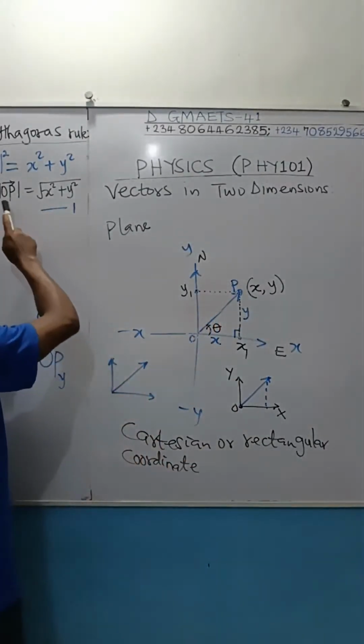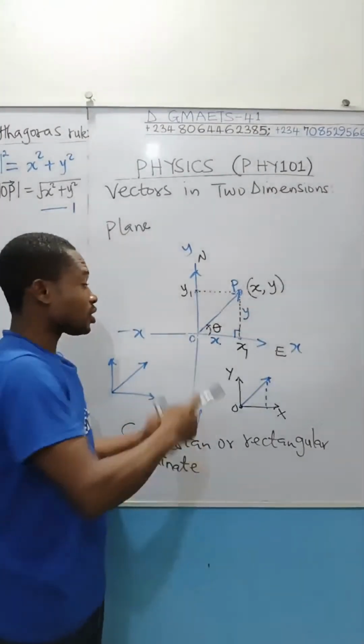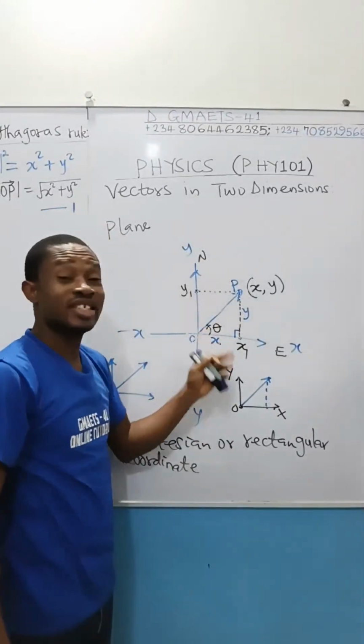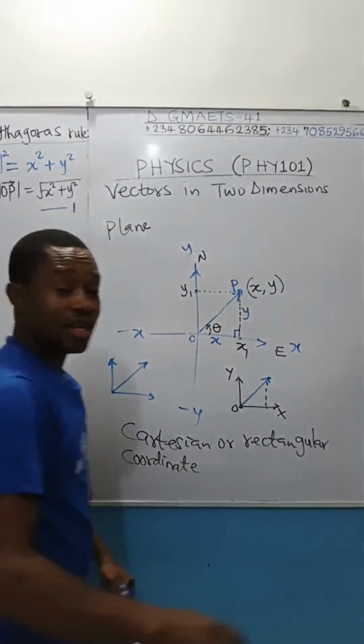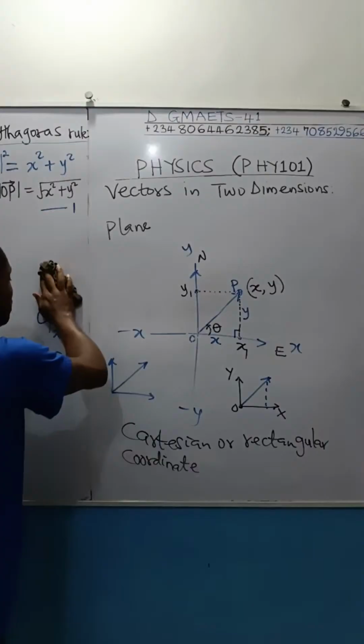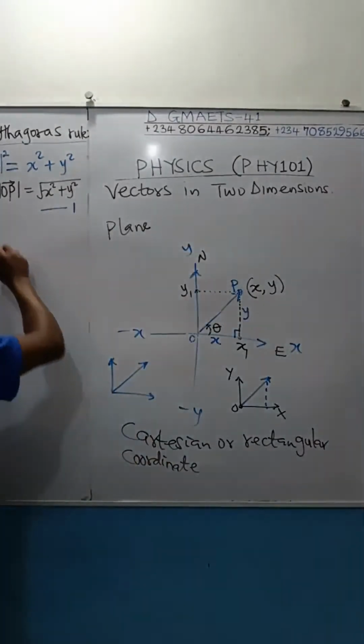Now, I have shown you how to get the magnitude of the vector, the resultant. I've shown you, look at Pythagoras' theorem. So what about the direction theta? To get the direction theta, you have to bring in your basic trigonometric ratio or identity.